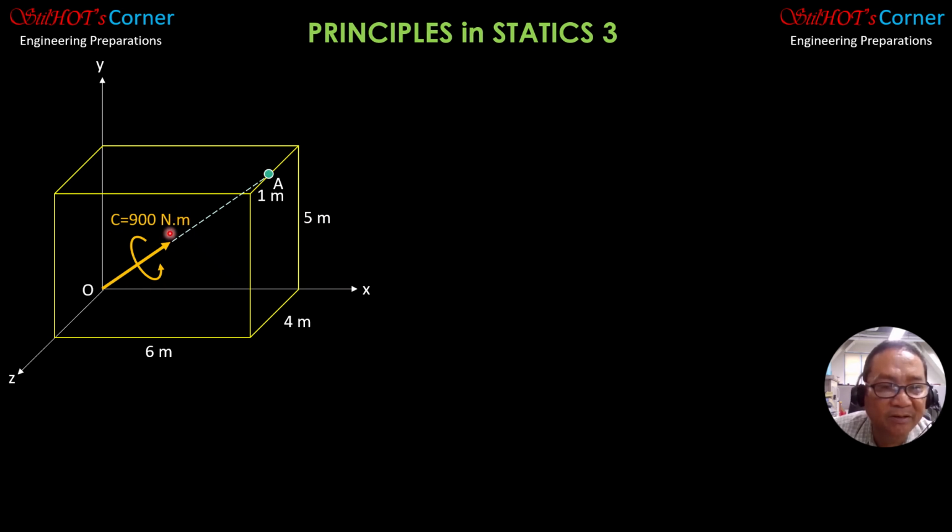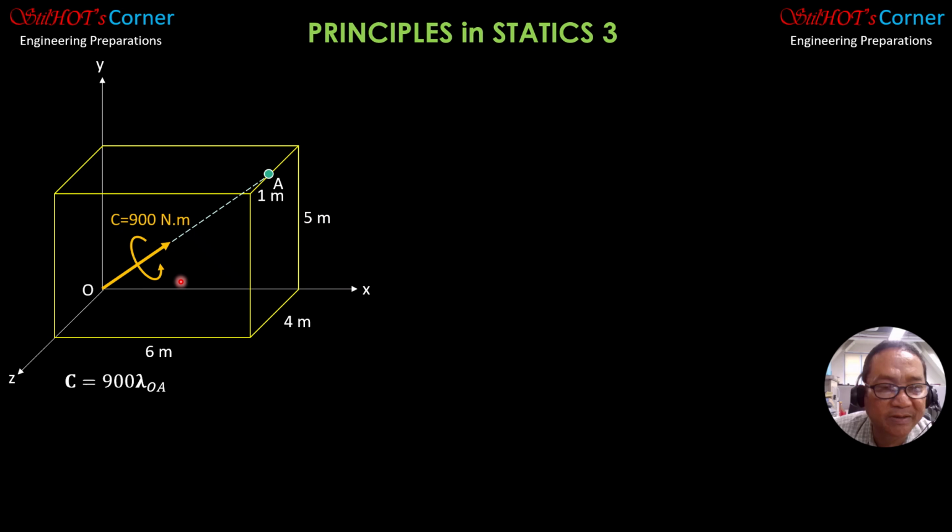So the couple in vector form is equal to the magnitude times the unit vector of OA. The unit vector of OA, because OA is directed up 5 meters, to the right 6 meters, and forward 3 meters, where 3 meters is 4 minus 1.